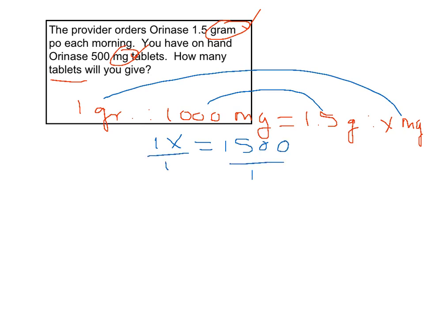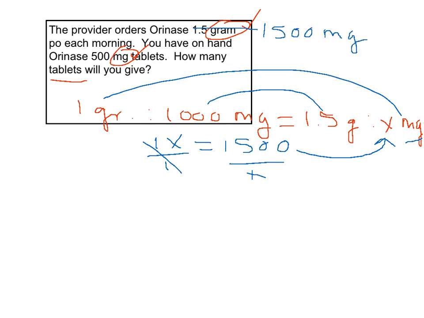Now you can divide by 1 to isolate the x, and your answer is 1,500. X equals 1,500. 1,500 what? 1,500 milligrams. So if it's helpful for you to keep things straight, what you can now do is go onto your test question and cross off 1.5 grams and write in 1,500 milligrams.